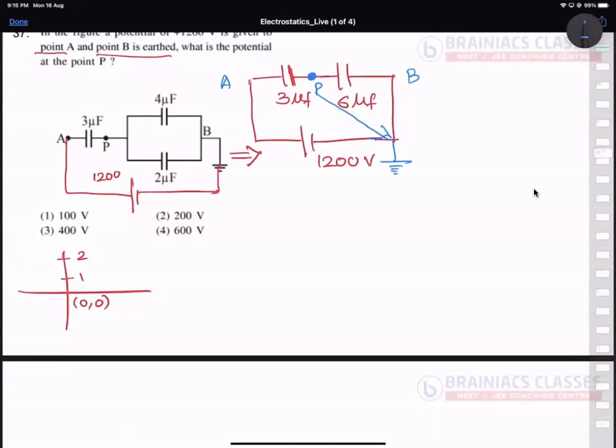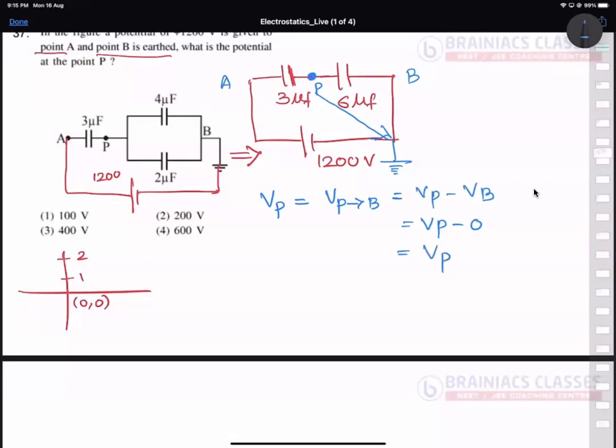The voltage from P to ground means I can say the voltage at the P point is equal to the voltage from P to B, and B is earth. So this can be written as VP minus VB. VP is the voltage which you need to find out, VB is 0, and this is equal to the voltage at P.